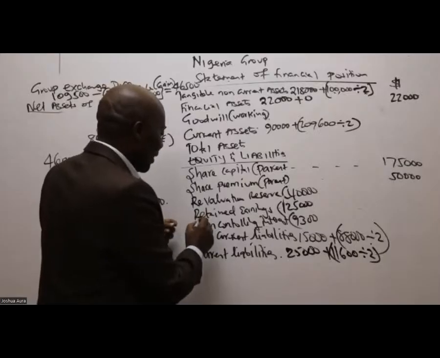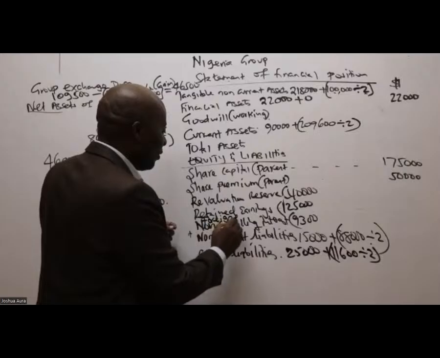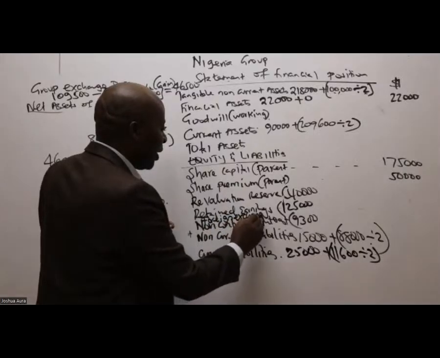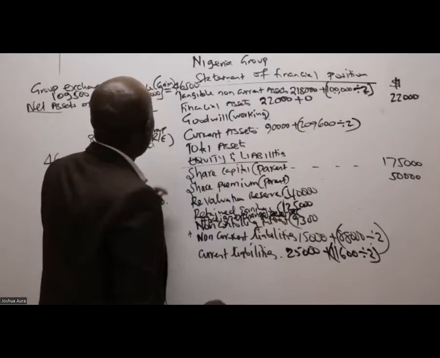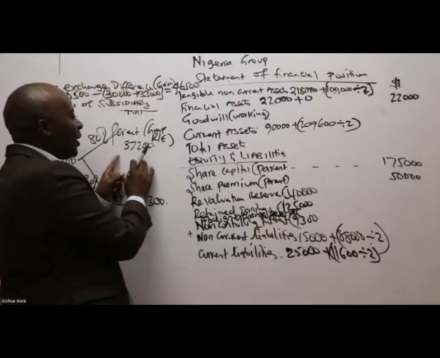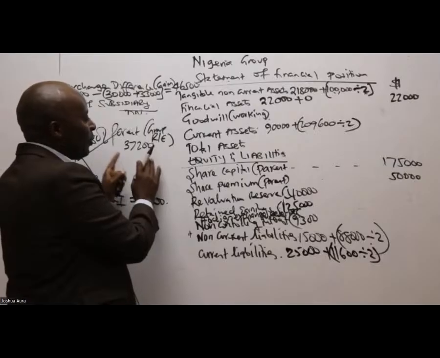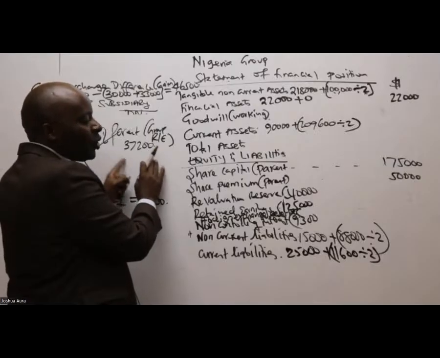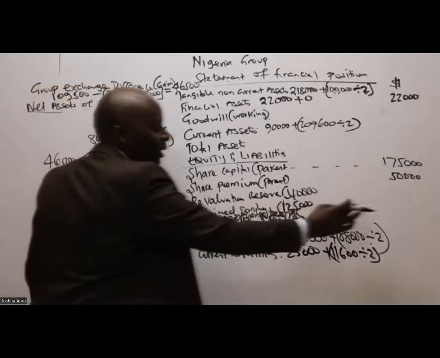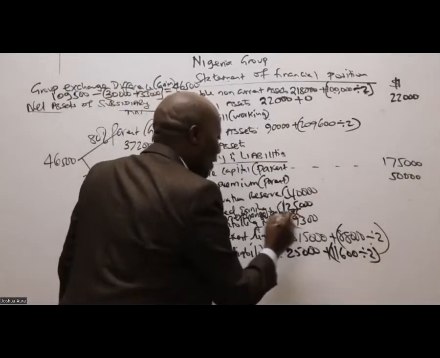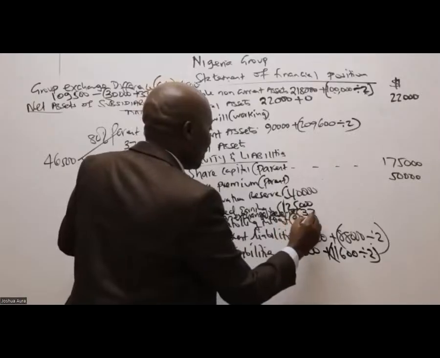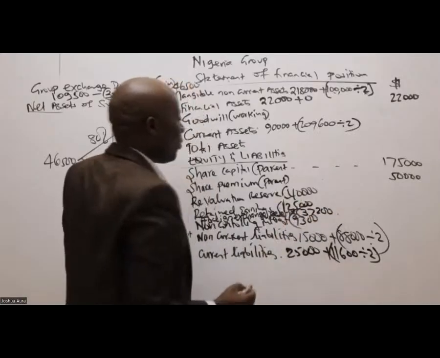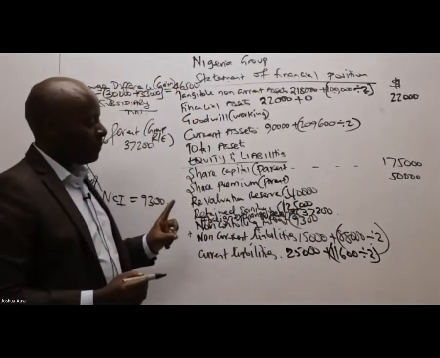The foreign exchange reserve of the parent will go to the equity of the parent, but don't take it as the last figure here. We'll still have something. So just write as a working 37,200 there.